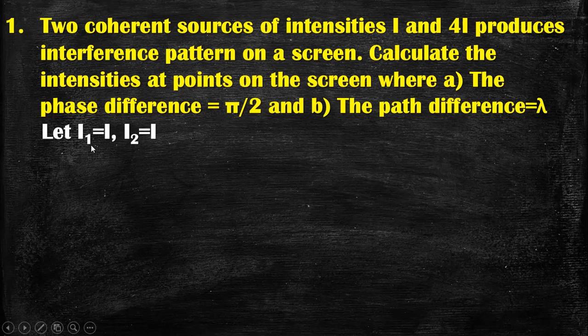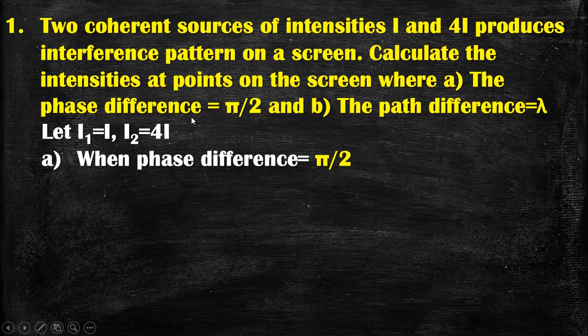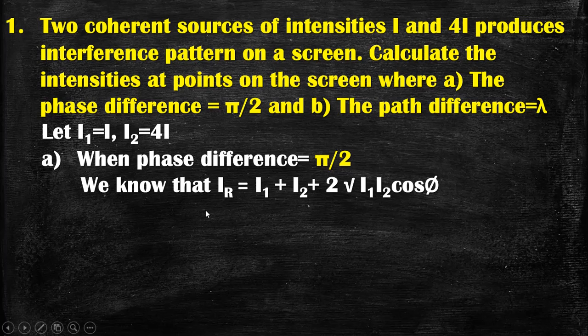Let I1 be the intensity of the first wave, I2 the intensity of the second wave. When the phase difference equals pi by 2, we write the formula for resultant intensity IR: I1 plus I2 plus 2 root I1 I2 into cos phi. The 2 is outside the root, remember this.